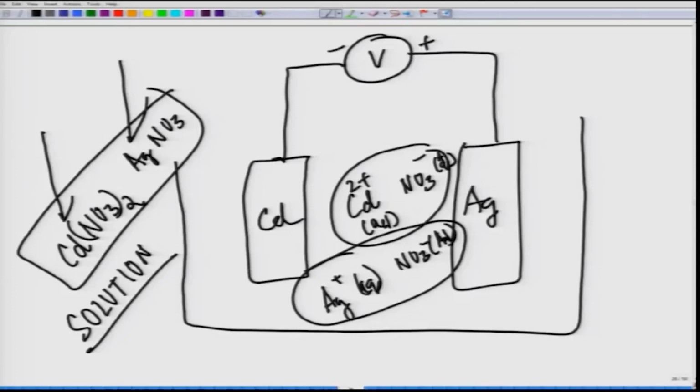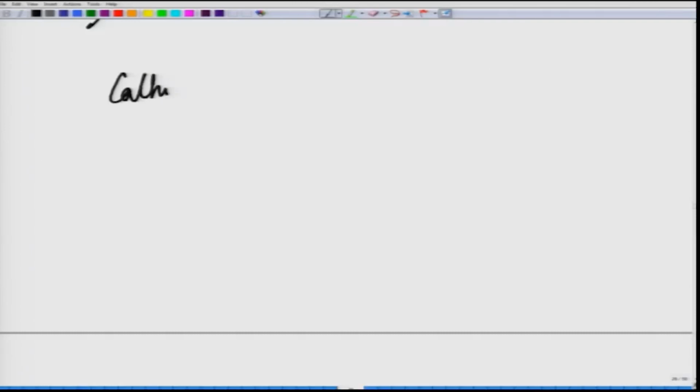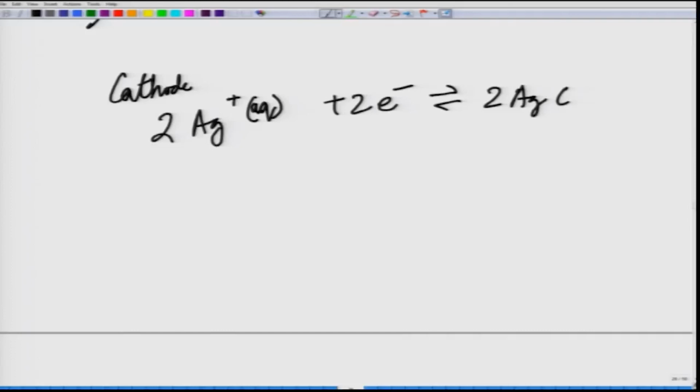Now, what will happen in this situation? This is a very tricky situation. What I am going to discuss now is the resultant for this. So, let us write down the reaction first, because in order to understand all these things you have to write down the reaction. At the cathode, where the reduction is happening, 2 Ag+ aqueous plus 2 electrons will make 2 Ag solid.